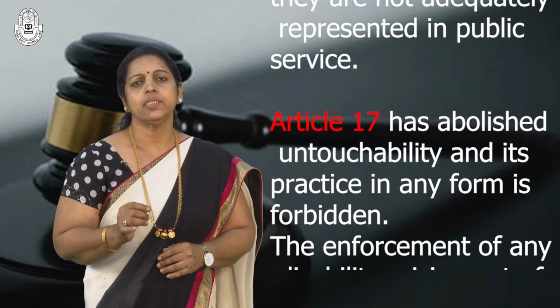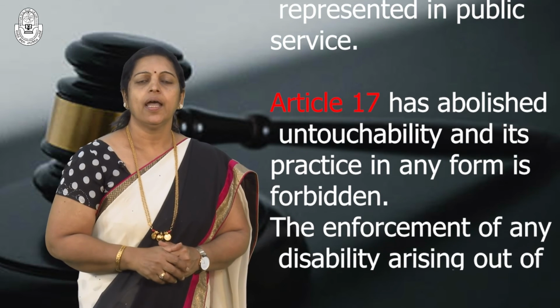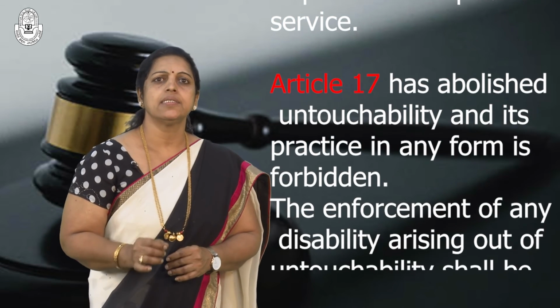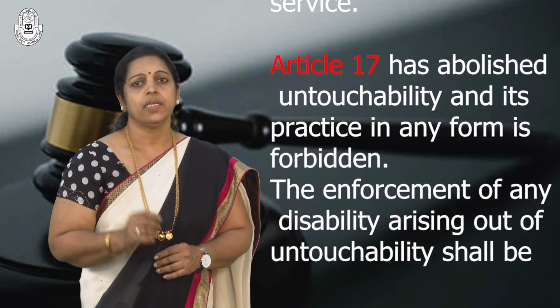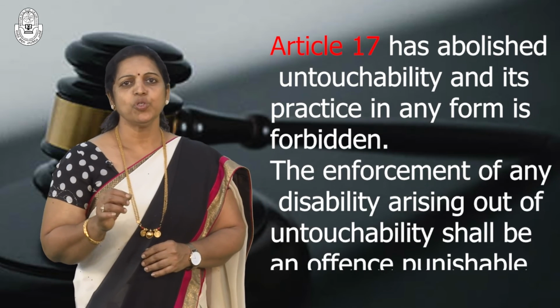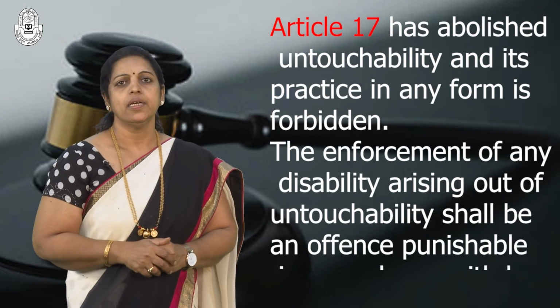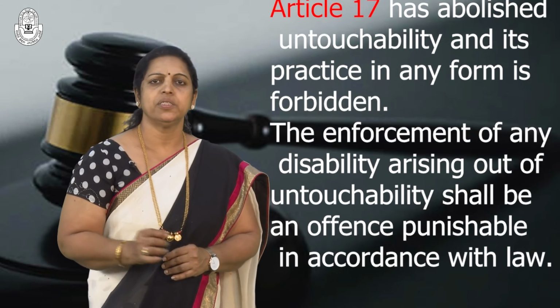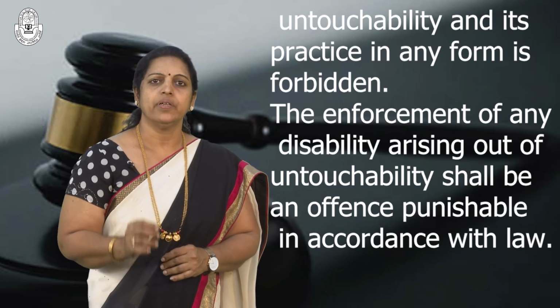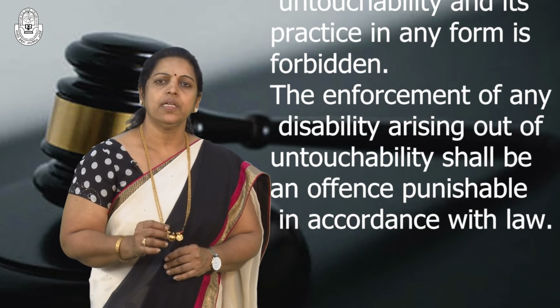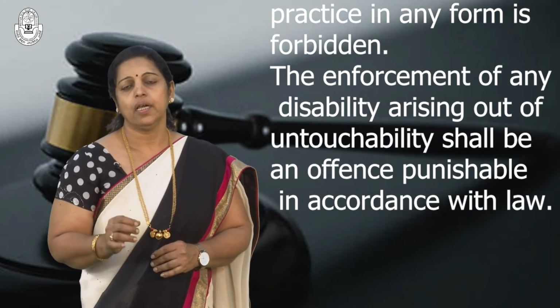It abolished untouchability and its practice in any form is forbidden. The enforcement of any disability arising out of untouchability shall be an offence and punishable in accordance with the law.